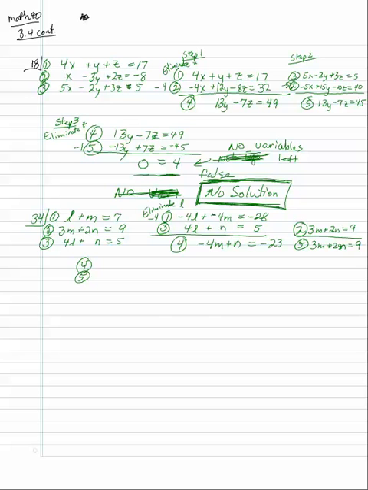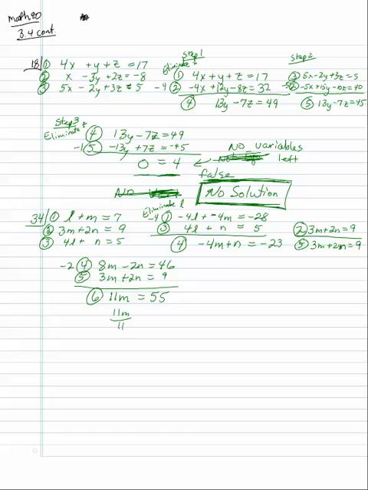So let's get rid of n, so we'll do -2 times 4, which is 8, minus 2n, it's 46. 5 we're going to leave alone. That'll give me equation 6, which is 11m equals 55.